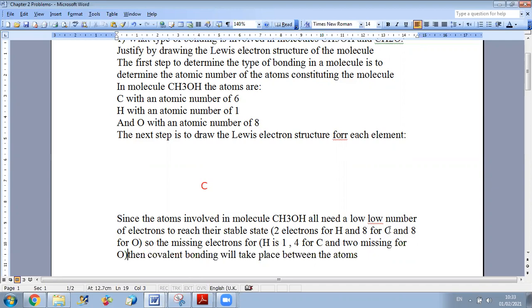So since C has 4 electrons on its outer orbit, it will still need 4 other electrons to reach the equilibrium state, okay? And for O, since it also has 2 orbits, and it has 6 electrons on the second orbit, and the stable state is 8 for O, then it will still need 2. And I should talk about stable set and missing electrons separately to not confuse, okay?